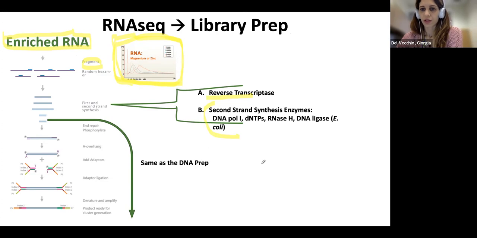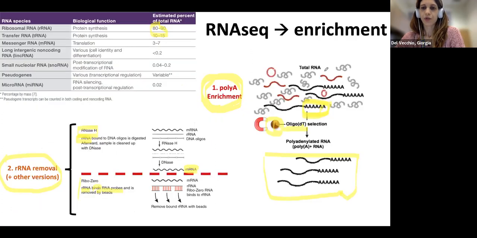Okay, from the chat box, do you usually use just one of the selection methods, or can you combine them? So there is actually no point in combining them. So if you are selecting just the poly A fragments, you already have your messenger RNA.